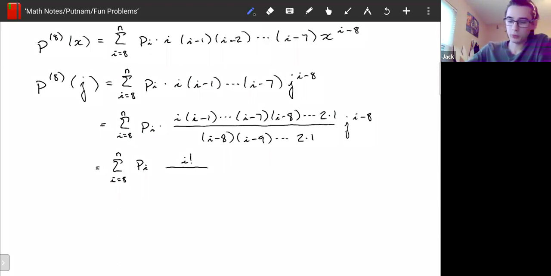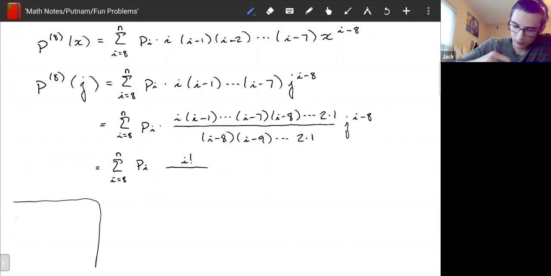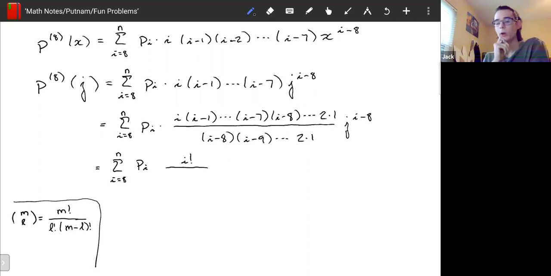Just a refresher for what that would look like: the binomial coefficient m choose L is nothing more than m factorial over L factorial times m minus L factorial. And we already have the i factorial on the top. So maybe we can rearrange this a bit to make it look like this right here.